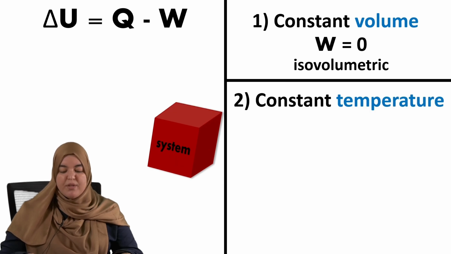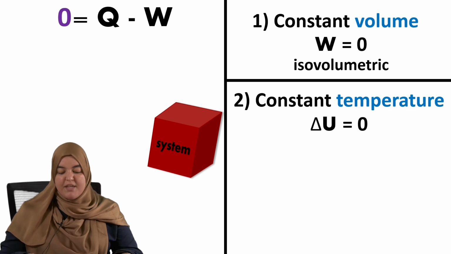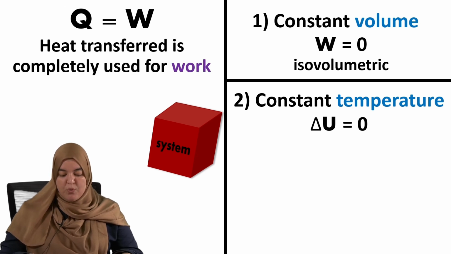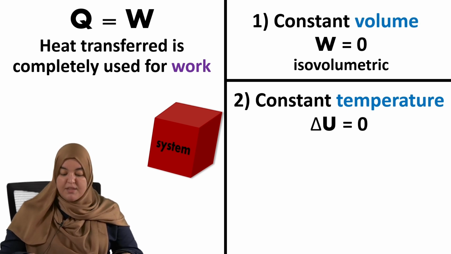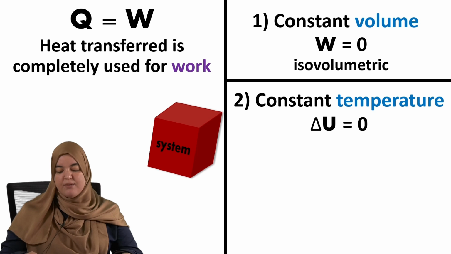If there is no change in the temperature of the system, there cannot have been any change in the internal energy of the system, since these two values are proportional. Delta U will be zero, which makes Q equal to W. This means that any heat transfer into the system is used by the system to do work rather than increasing the internal energy of the system.